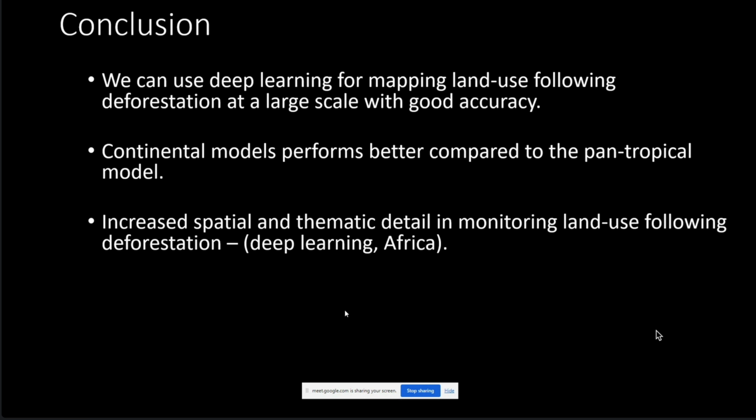And also, the data we used is Planet, meaning that we were able to map each pixel at 5-meter resolution. So that's very detailed data and can be used not only at national scale for decision making, but also at regional or even at the district scale for decision making purposes.